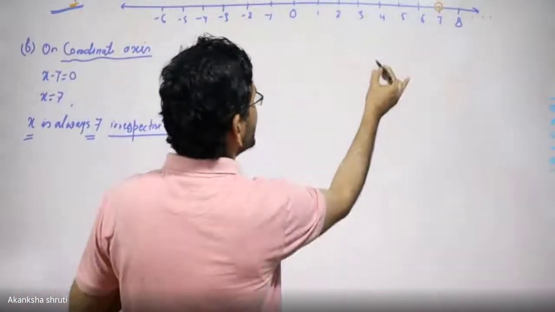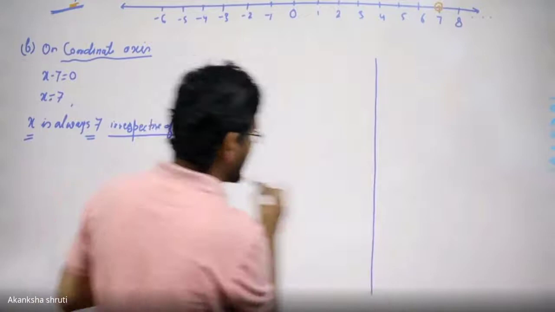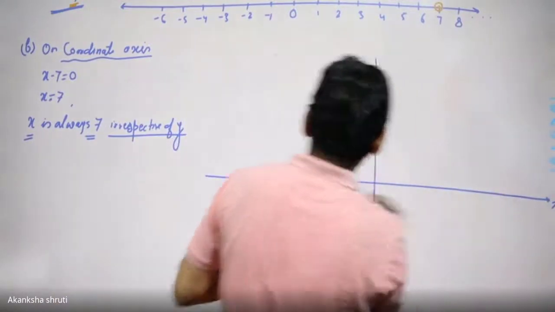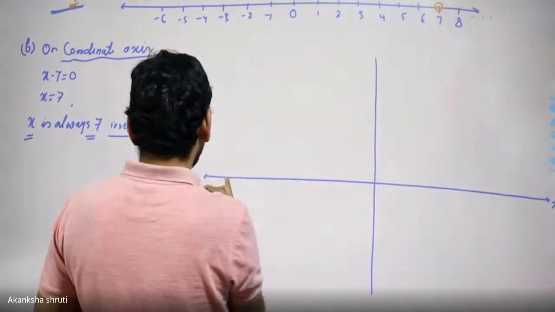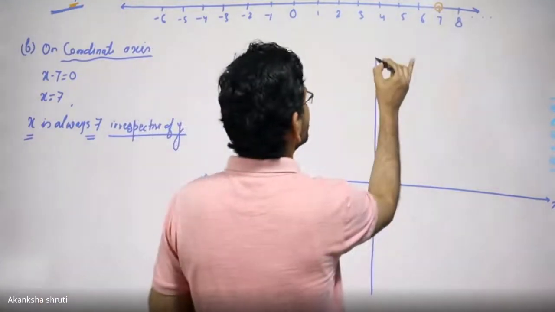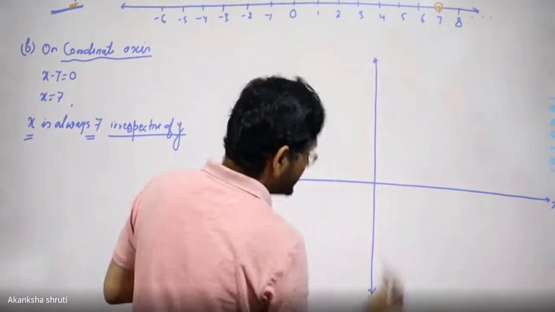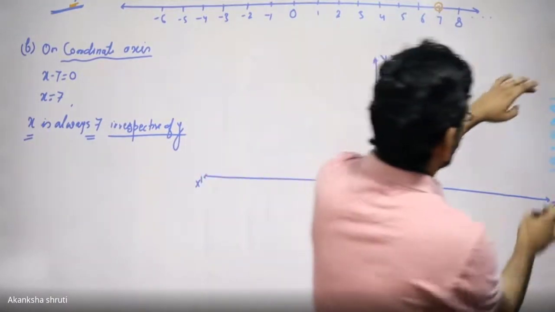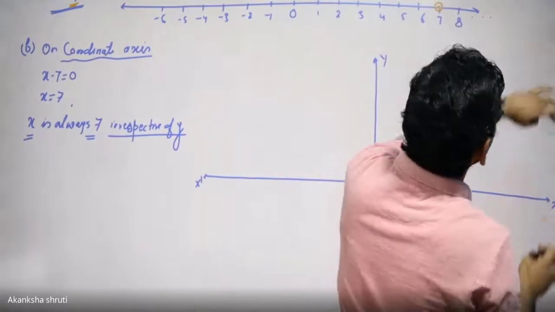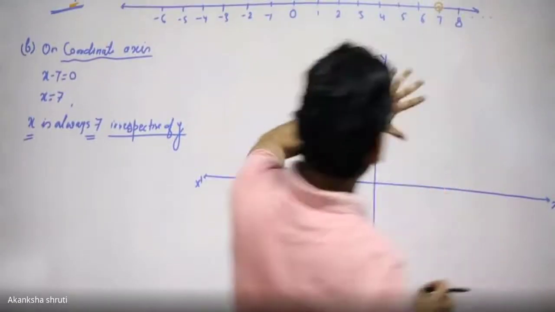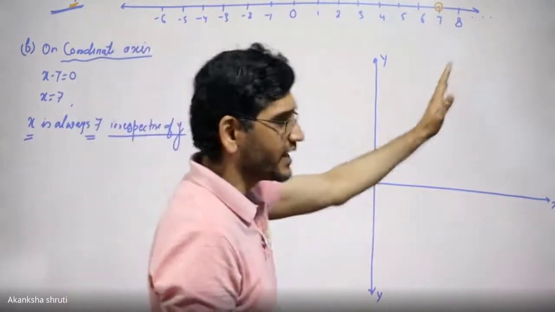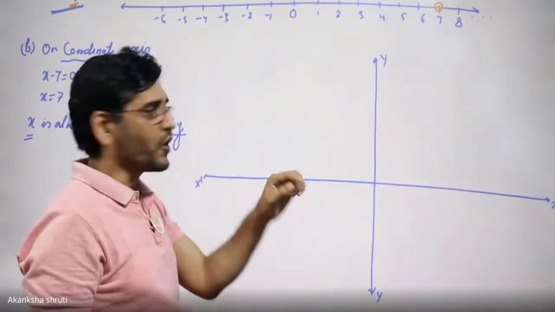Students, we have learned that in the coordinate system we have a horizontal line called the x-axis and another vertical line called the y-axis. So in the coordinate system we have to put the point in this plane, or we have to draw a line, not a single point.